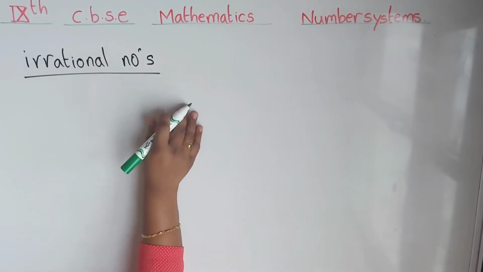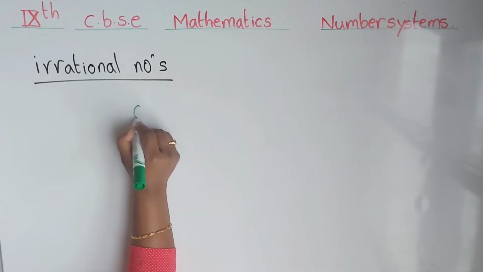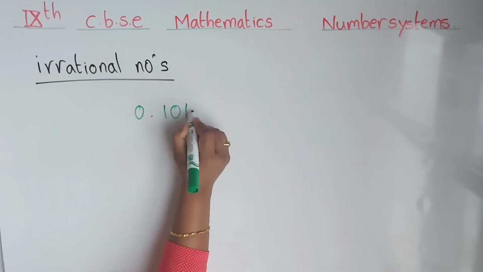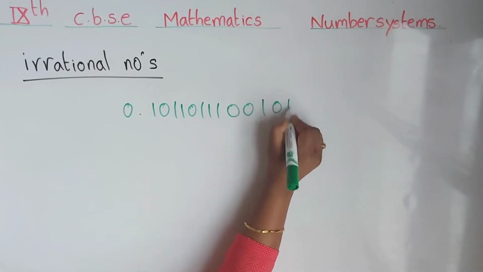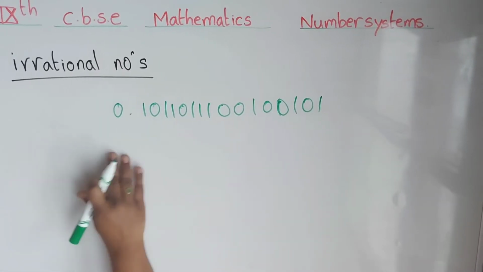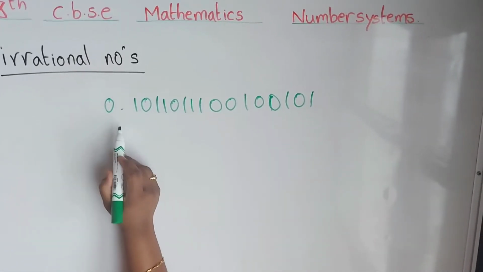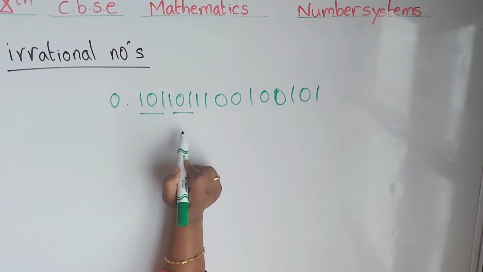Now we will talk about irrational numbers, children. Let us take some example. 0.10111001001. Okay children, let us take this example. See the pattern, see the decimal expansion. Here we have 101. Here also 101.